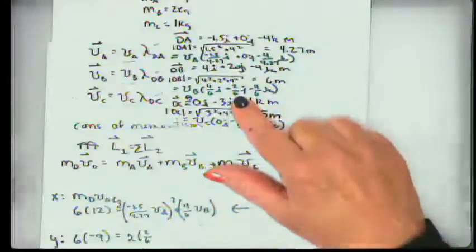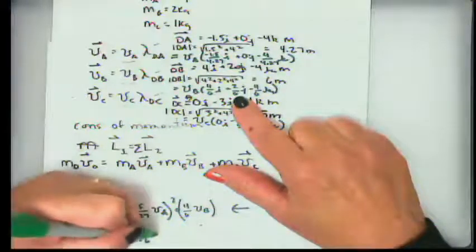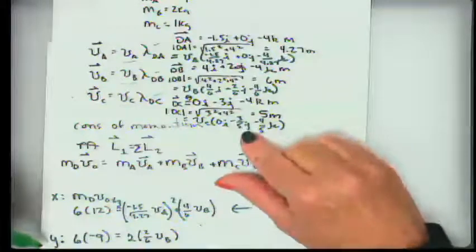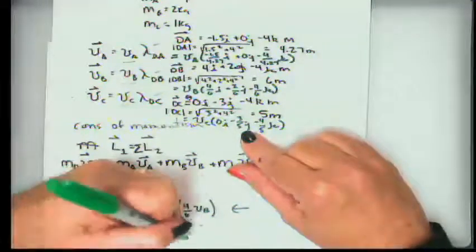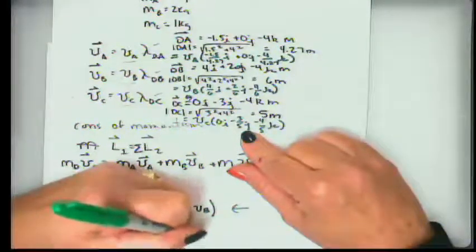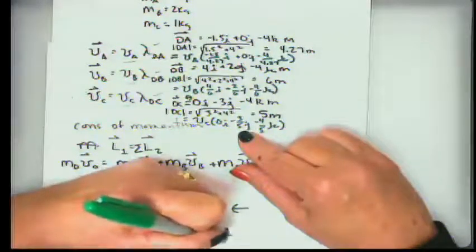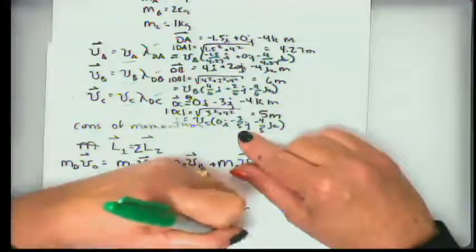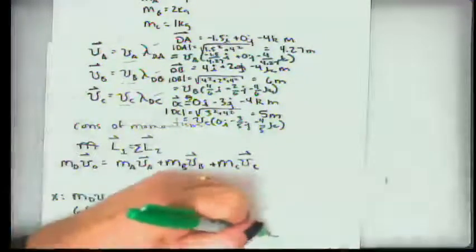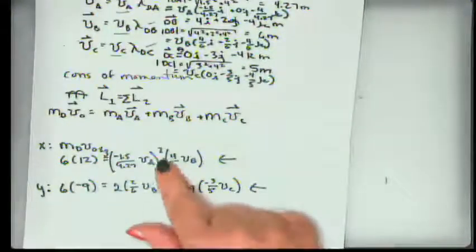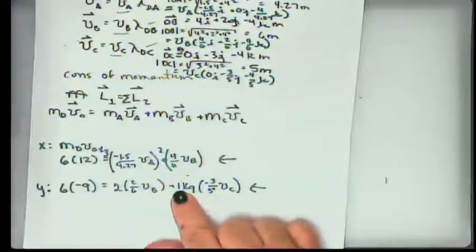Times V sub B. And still in the y direction, we get C, which has a mass of 1 kilogram, times negative 3 over 5 V sub C. Okay. So we have one more equation with two unknowns, but they're not the same. Two equations, but now we have a total of 3 unknowns, so we can't solve yet, can we?